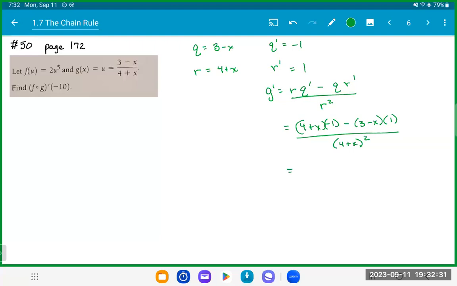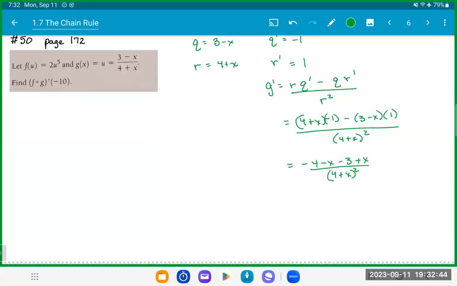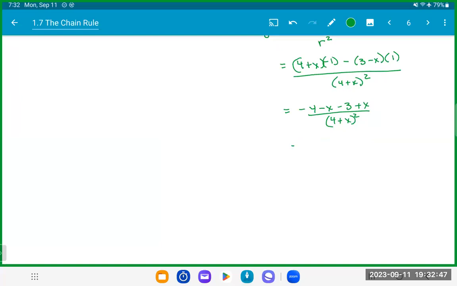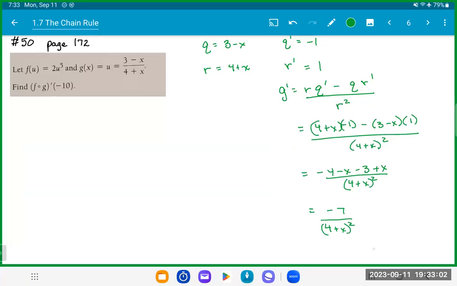That's going to simplify to -4 minus x minus 3 plus x over (4 plus x) squared. And then lastly, we can combine like terms, and that gives us a -7. The x's cancel out with each other. We have a positive and a negative, and then we're left with (4 plus x) squared in the denominator. Okay, so that's what my g prime of x is.